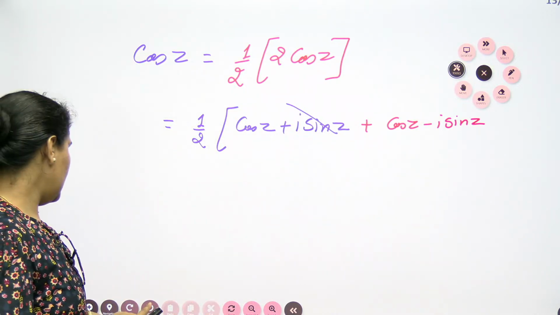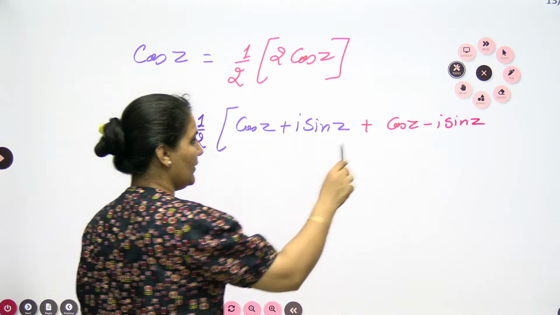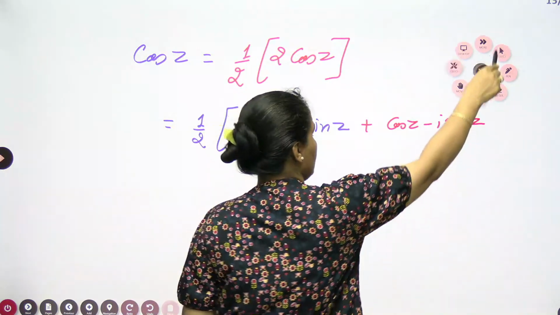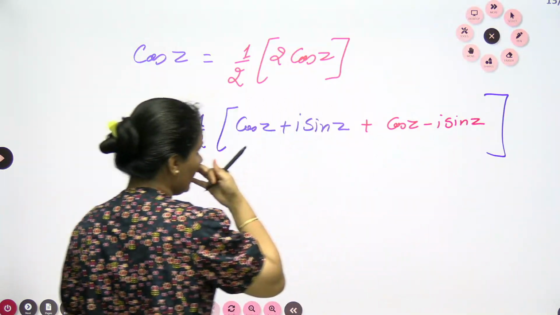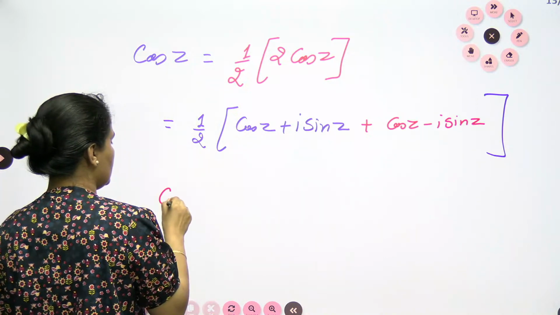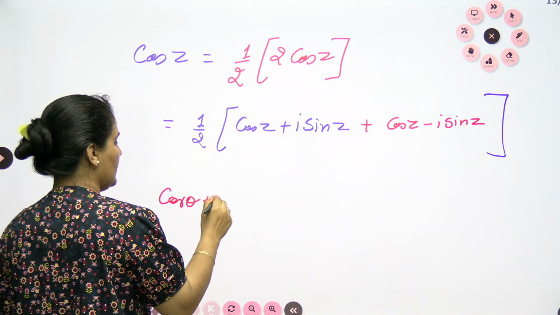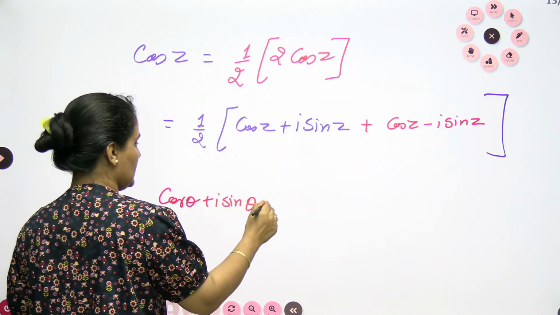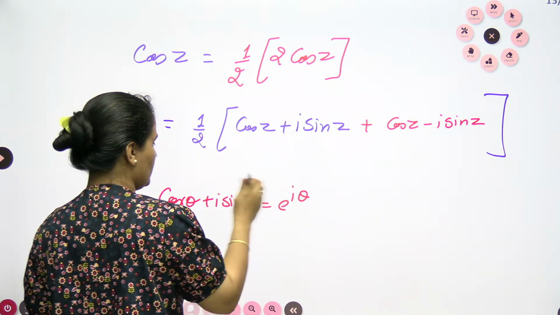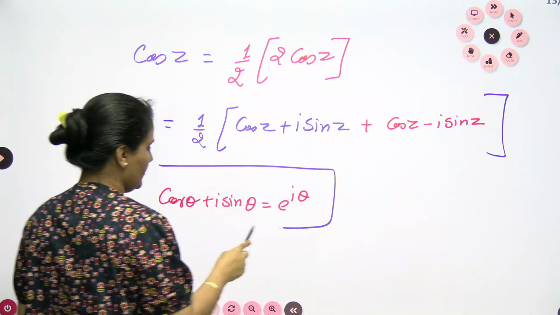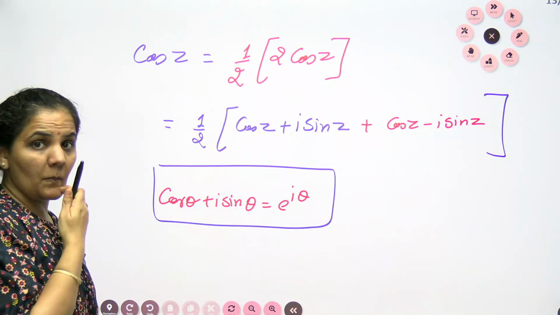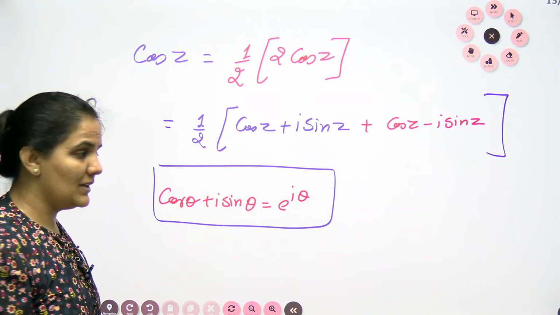That's why I will write down my question like this. As we know that cos theta plus iota sin theta is nothing but e to the power iota theta, with the Euler's form that we already learned in complex variables.